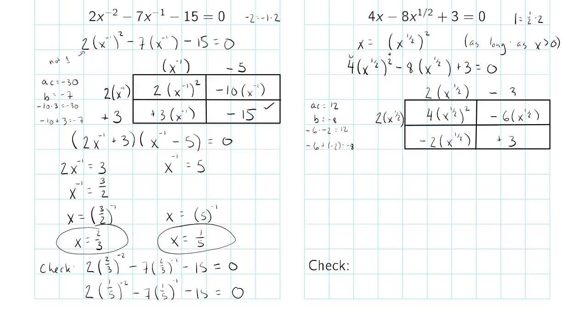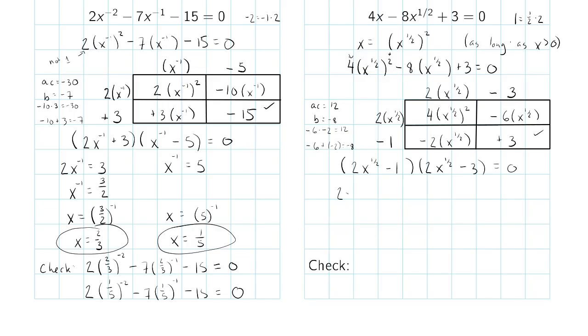Here I've got minus 3. Here I've got minus 1. Negative 1 times negative 3 really is 3. My equation in factored form then, 2x to the 1/2 minus 1 times 2x to the 1/2 minus 3 is 0.